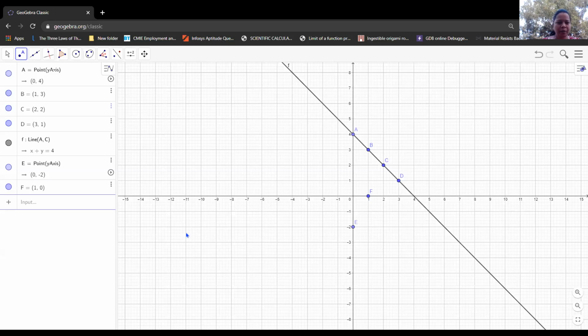Now, for the third point, we see the table. The first point is 0, negative 2. The second point is 1, 0. The third point is 2, 2. And the fourth point we have to plot on the graph is 3, 4.